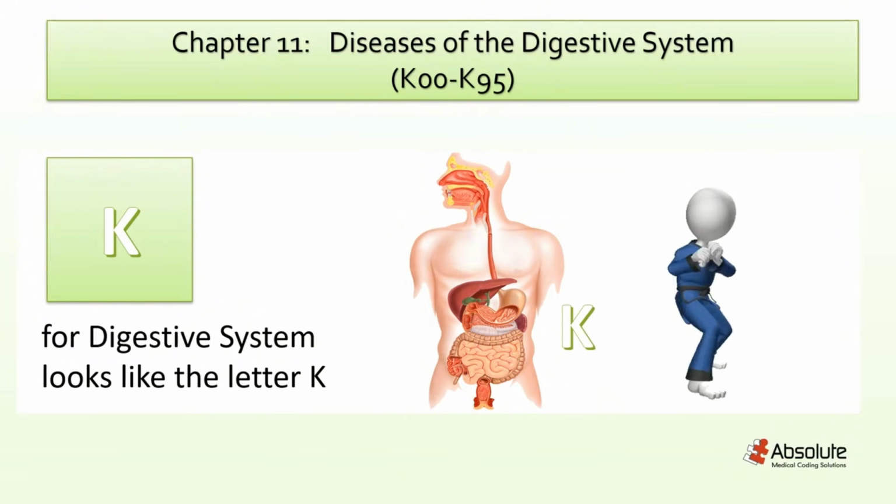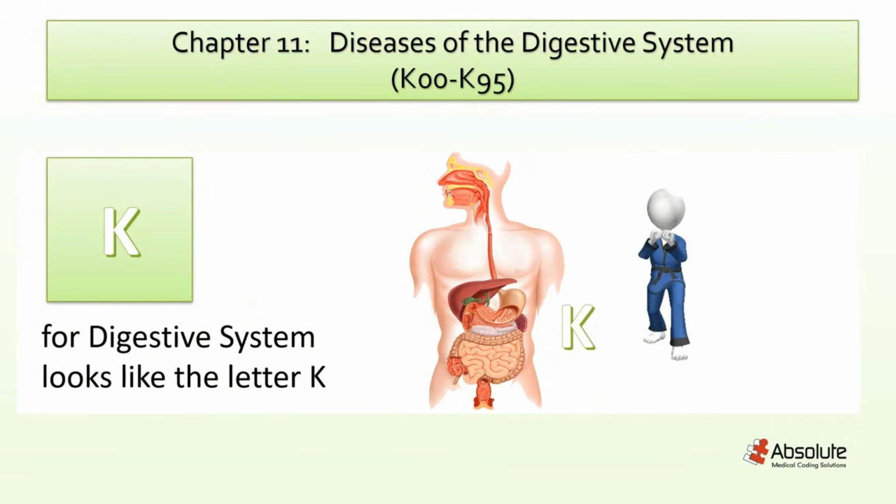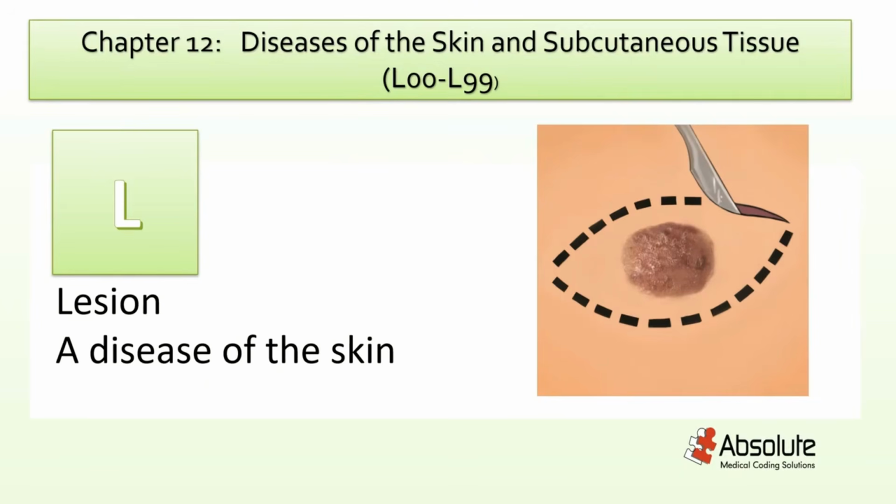All right, chapter 12. Chapter 12 is the category for diseases of the skin and subcutaneous tissue. The category begins with L00 through L99. So when you think of diseases of the skin, think letter L. And what sight word begins with the letter L?